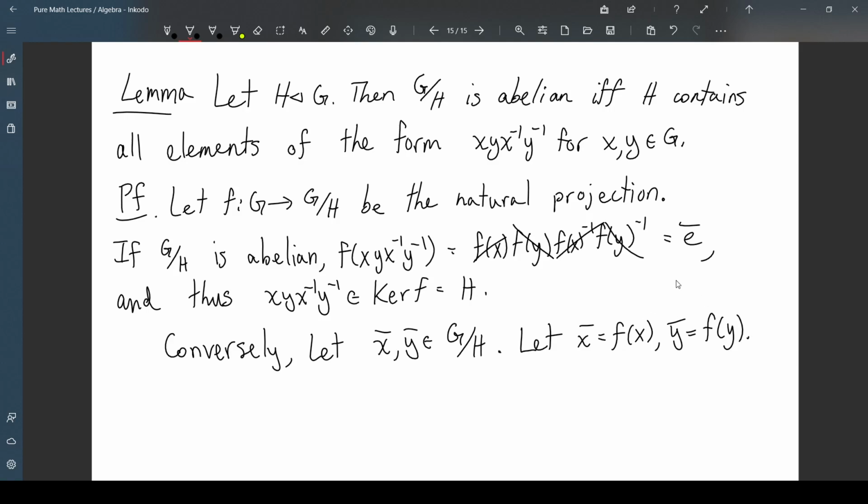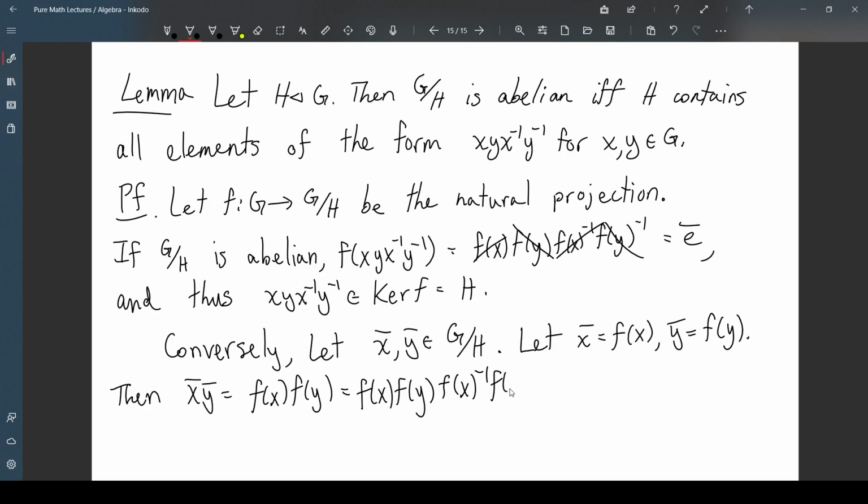So x and y are coming from G. Then x bar y bar is equal to f of x, f of y. And then what we're going to do is introduce some terms here. So we're going to multiply by f of x inverse, f of y inverse, f of y, f of x.